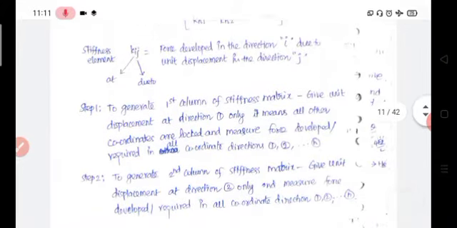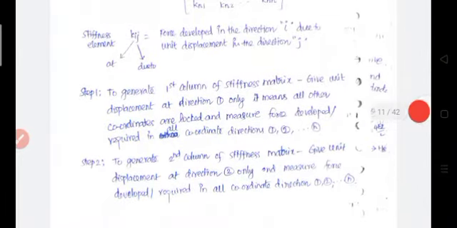First step: in order to develop the first column of the stiffness matrix, give unit displacement at direction 1 only. It means all other coordinates are locked, and measure the force developed in all coordinate directions 1, 2 up to n. So first, we have to lock all the coordinate directions, that is, fix them.